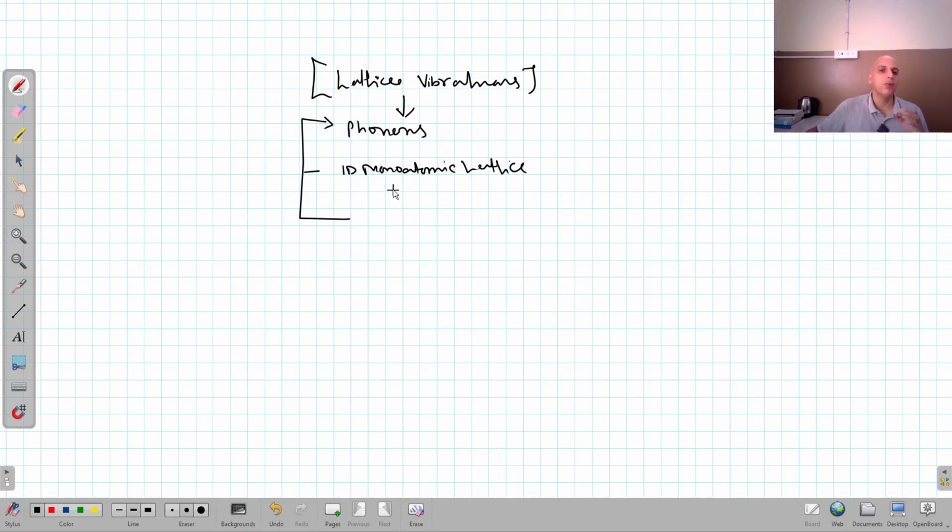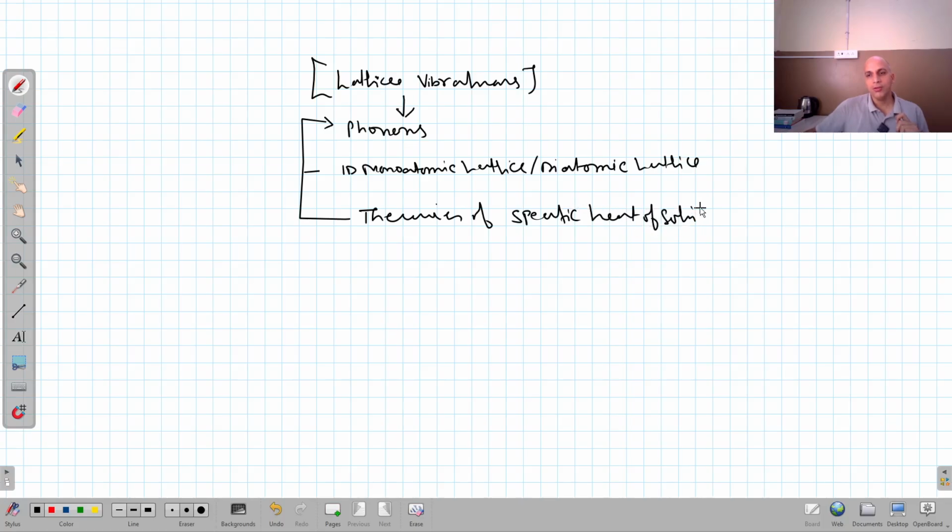Lattice dynamics of one-dimensional monatomic lattice, then diatomic lattice, right? This is the second part, and the third part, which is very important, is theories of specific heat of solids. So in this chapter, specific heat theories.